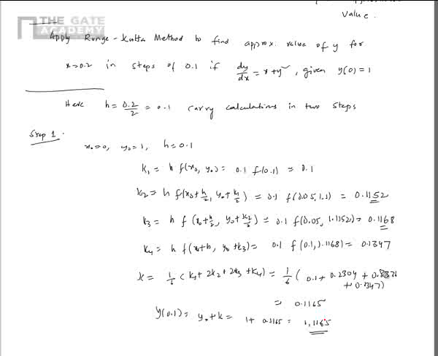Now let's evaluate the second step, y of 0.2. In step 2, x1 is basically x naught plus h, which is 0.1 because h is 0.1 and x naught is 0, and y1 is 1.1165, which we just got, and h is my step.